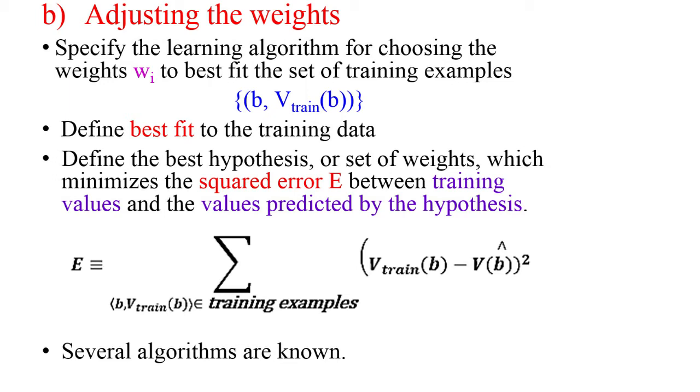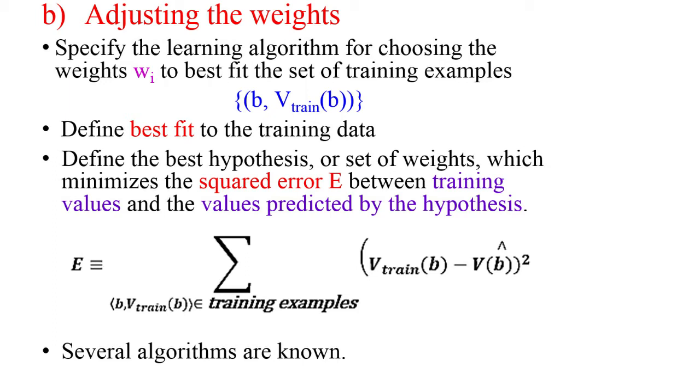Summation means for every training example we calculate this error and add them together. Then we get the capital E. That will give us the total error present in all the training examples.